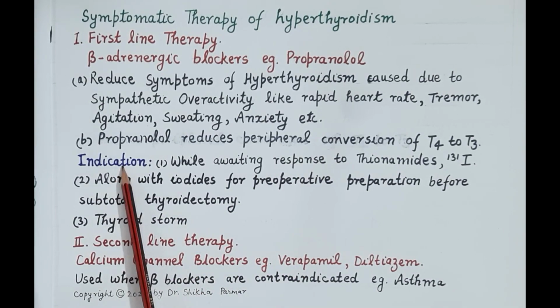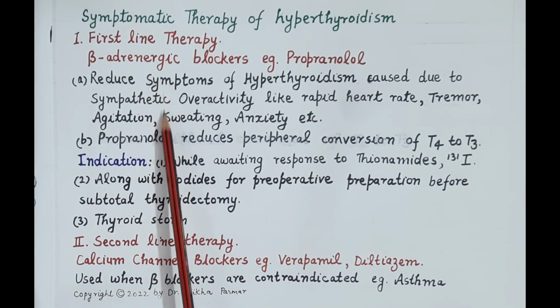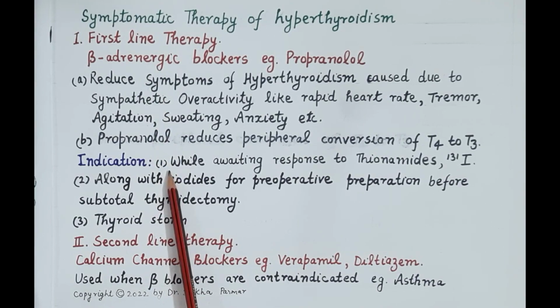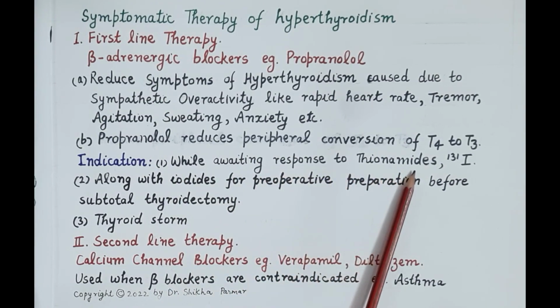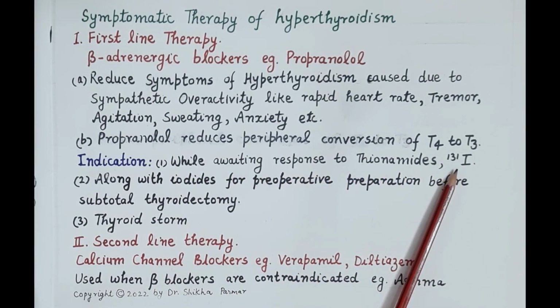Now, indications of propranolol. By now we know that thionamides and iodine 131 produce their effect in 2 to 4 weeks. So drugs like propranolol are used to control symptoms of hyperthyroidism while awaiting response to thionamide and radioactive iodine.